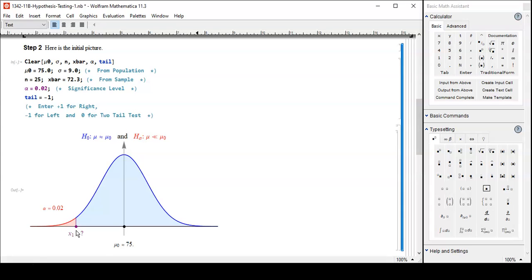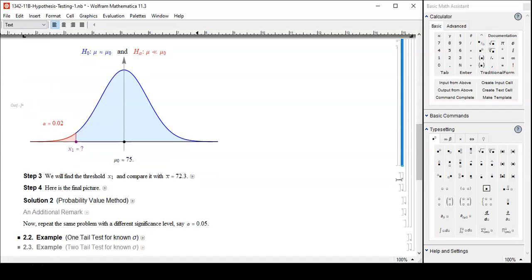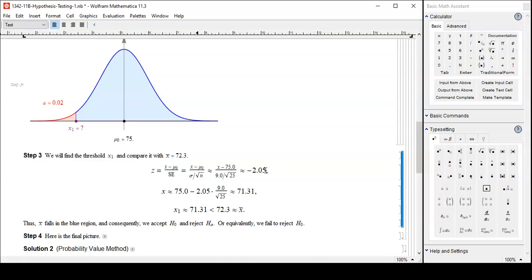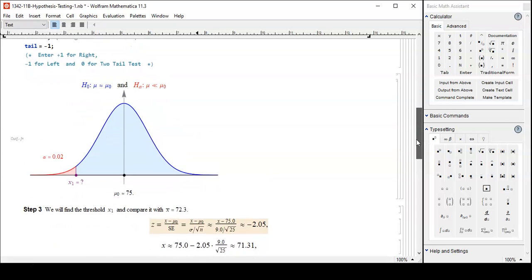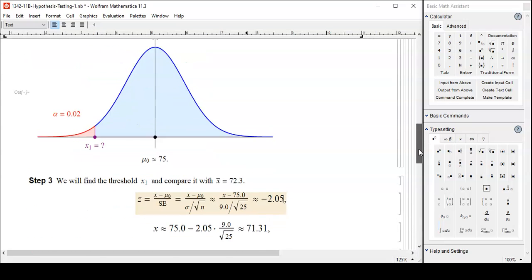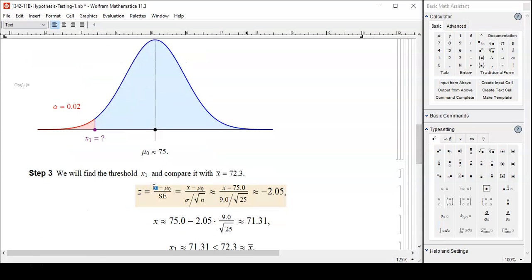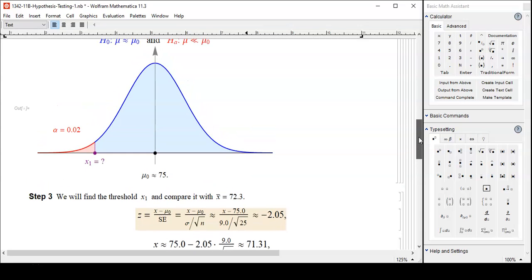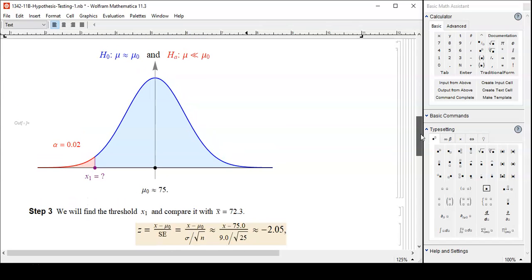The z-score is end minus center over SE. Let me make this font bigger. That's the z-score here. And x minus mu 0 over sigma over square root of n, that's my z-score.